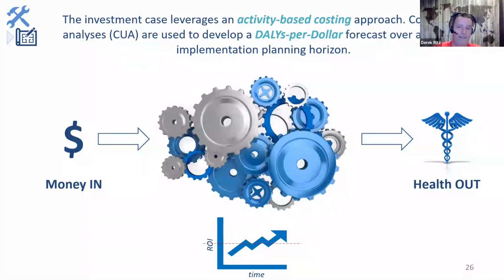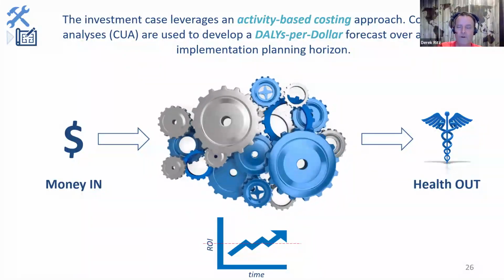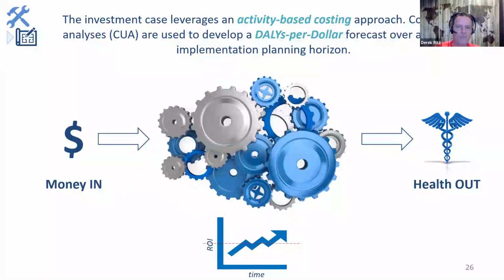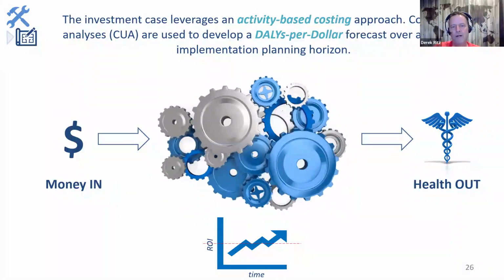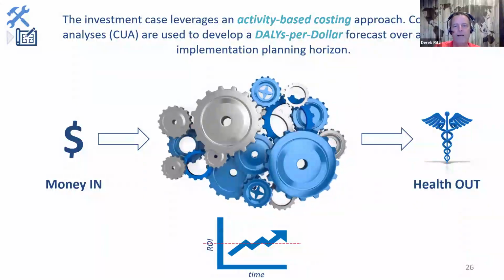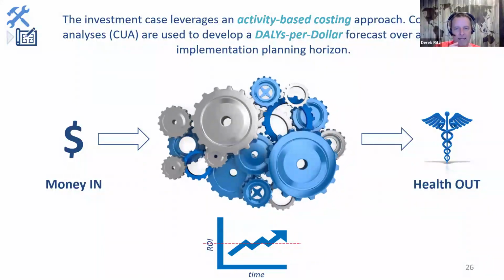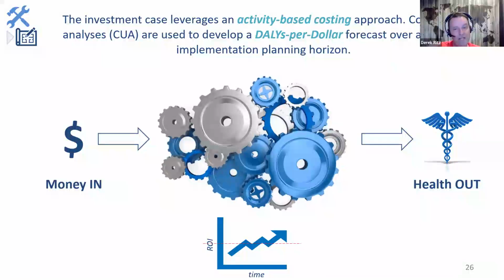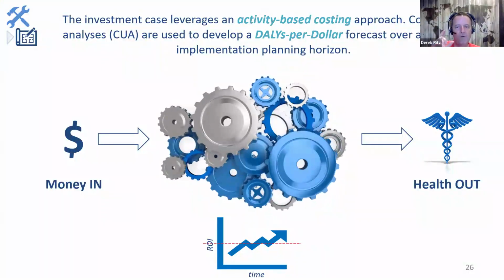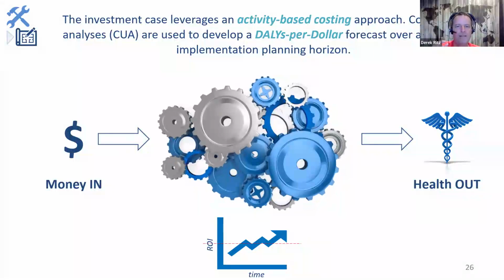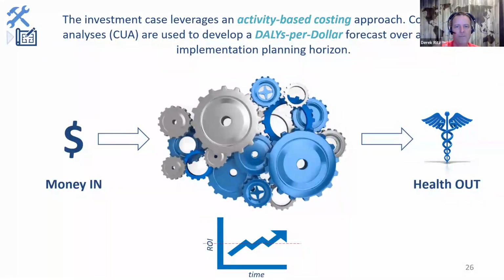And the premise is, you might recall from last week's session, if I can improve adherence to care guidelines, I'll get better health outcomes. And if I get better health outcomes, my quantified measure of that is I reduce the DALYs that I lose.